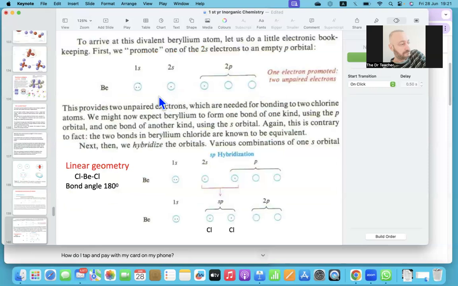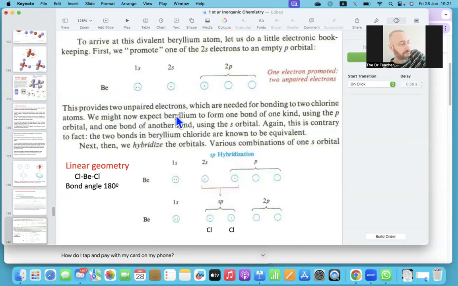So if you hybridize the two electrons in s, one of them moves to p, excited, going to the next energy level. So one electron is promoted. Now we have two unpaired electrons, which are needed for bonding to two chlorine atoms.